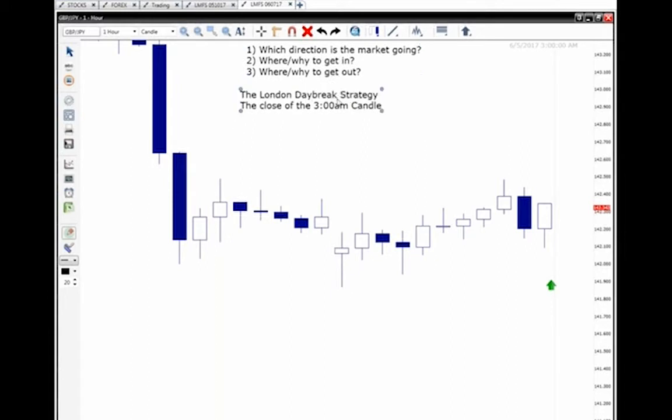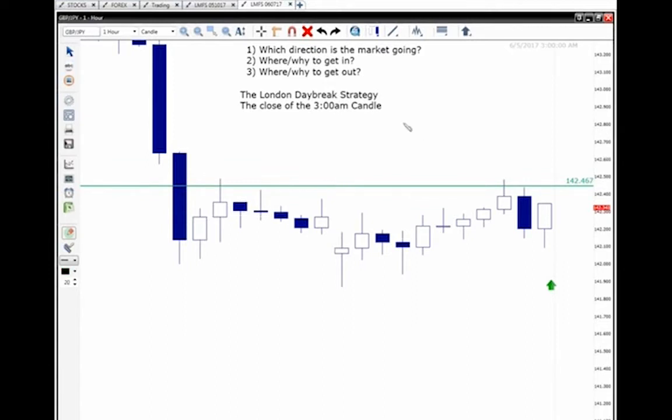And if you're taking notes, or you haven't been, this is probably a good place to start. Here's our strategy. At the close of that candle, we're going to set up 2 pending orders. One pending order is going to go 10 pips above this high. We have set this at 146, right about there.